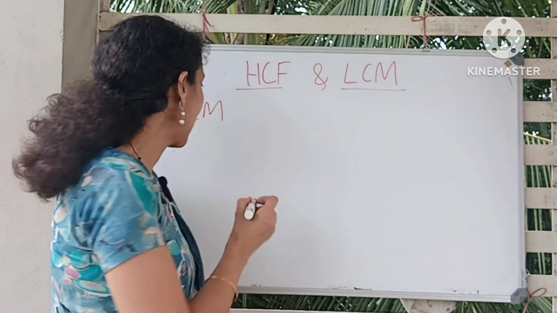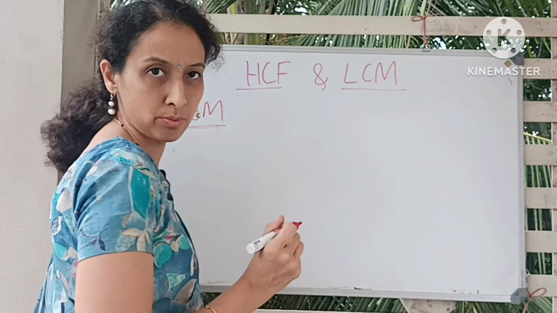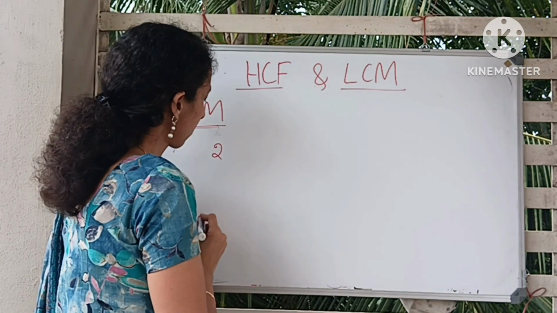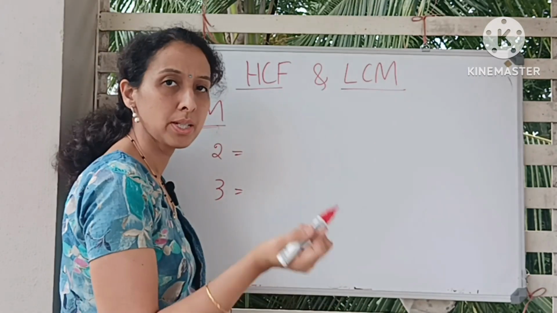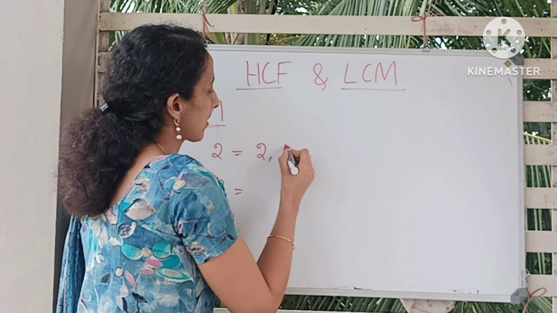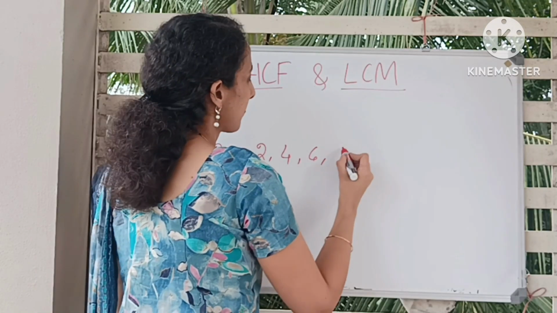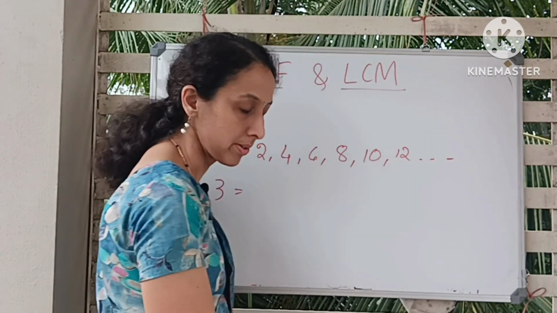Now let us take LCM, that is the least common multiple. Let me take two numbers 2 and 3 and start listing the multiples of this. 2 ones are 2, 2 twos are 4, 6, 8, 10, 12, so on.